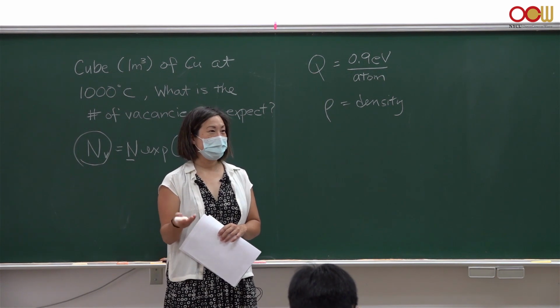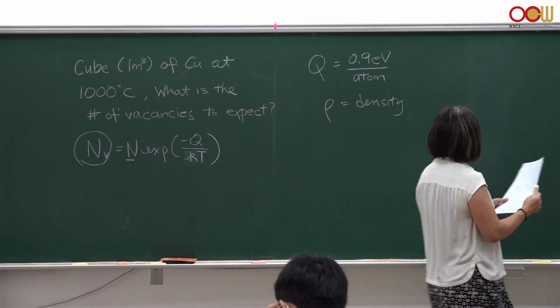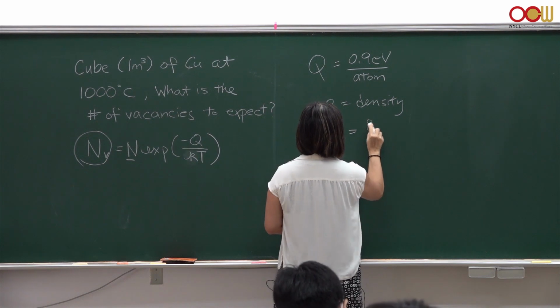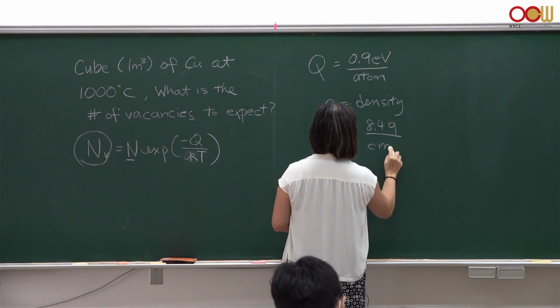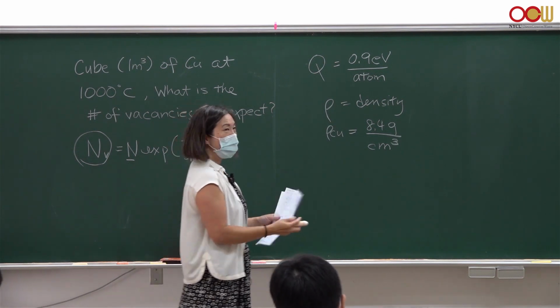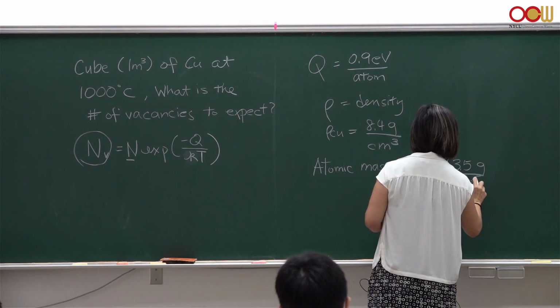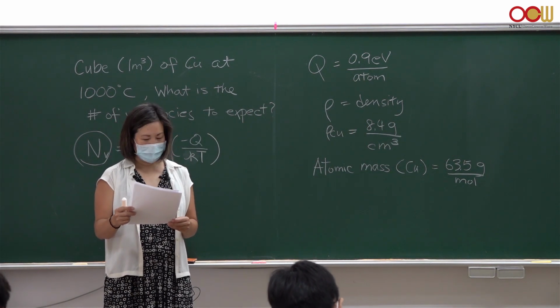Because you could convert weight to the number of atoms. Okay. So let me give you the density of copper at 1,000 degrees C: 8.4 grams per centimeter cubed. And then I'll also give you the atomic mass of copper so that you don't have to look it up. So please calculate N.